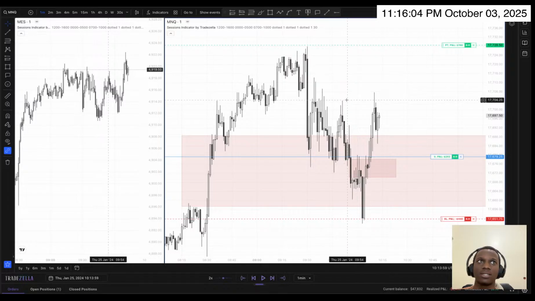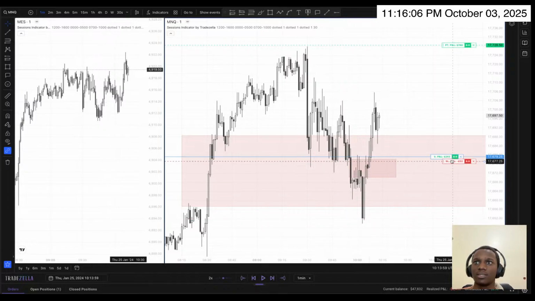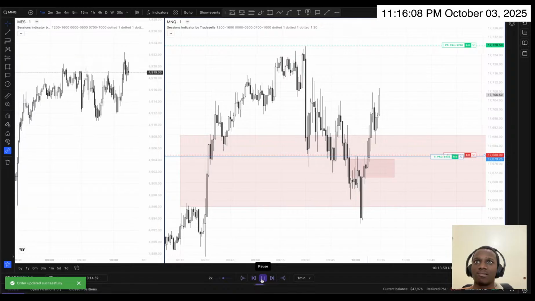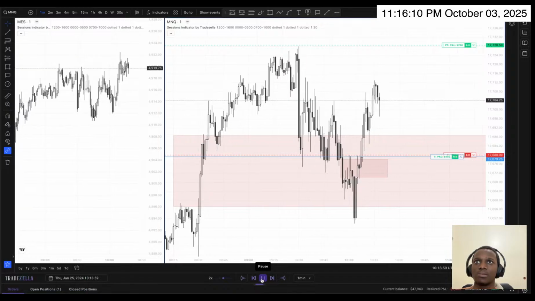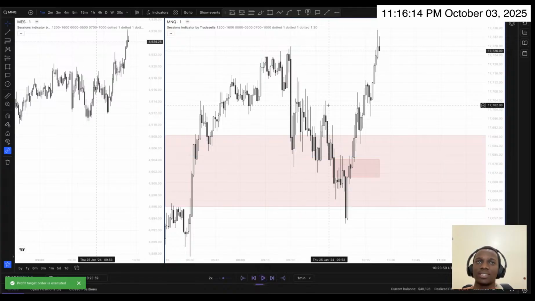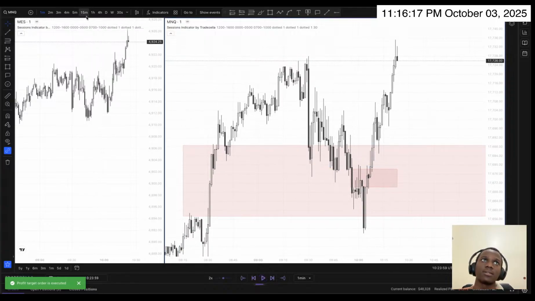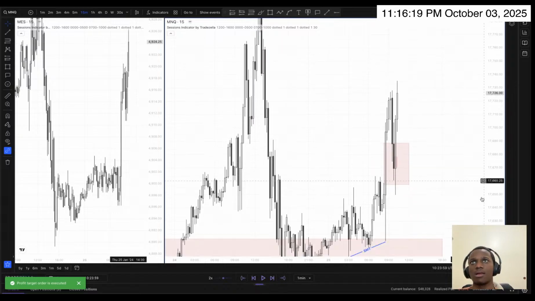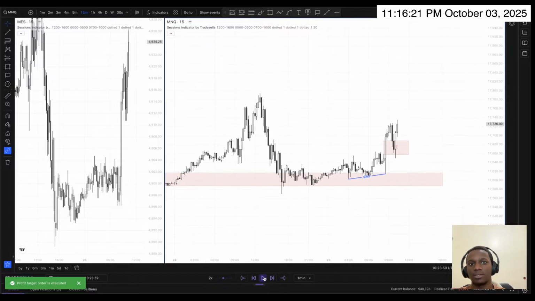Okay, first target here taken out. Can just drive it to break even. Boom, target hit. It's probably going to continue higher.